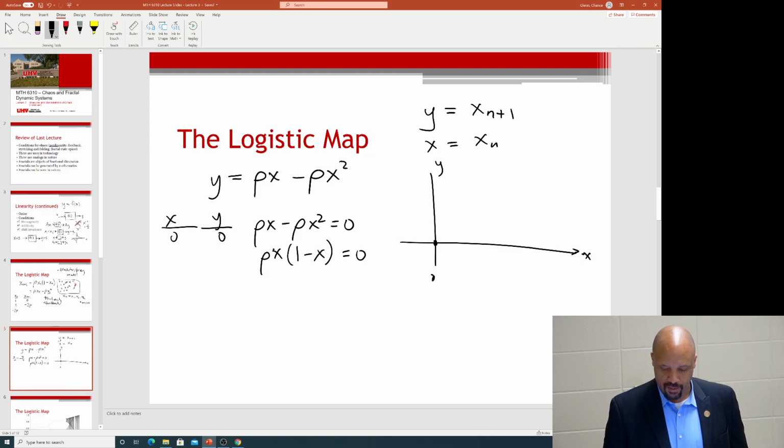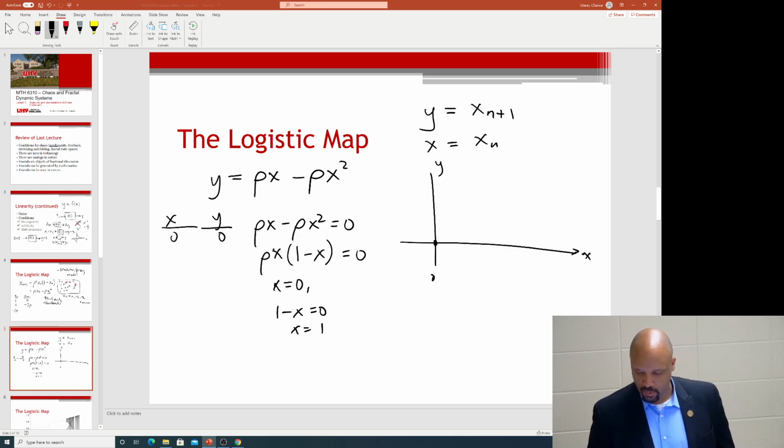We know that x equals 0 is one of the solutions, which we know because we plugged it in and we saw it. But the other one is 1 minus x equals 0, which says x equals 1. So at x equals 1, we know that this is also 0.